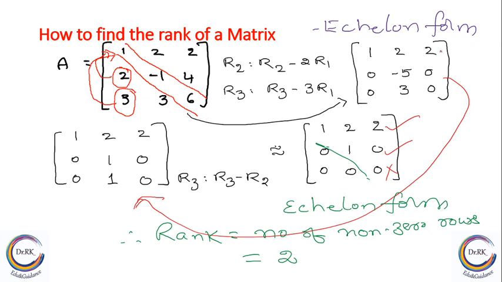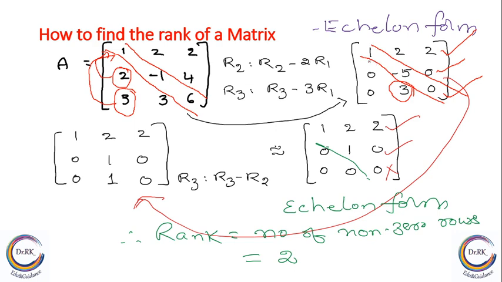R1 we are not going for any operation. R2 minus 2R1: 2 minus 2 is 0, minus 1 minus 4 is minus 5, 4 minus 2 is 2, like this. So this is the second operation, and similarly the third operation. Now again we see these are the principal diagonal elements. We want to make this 0.